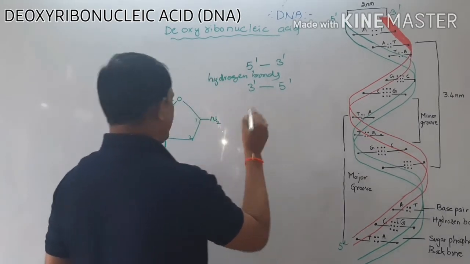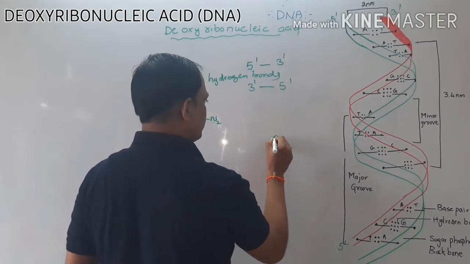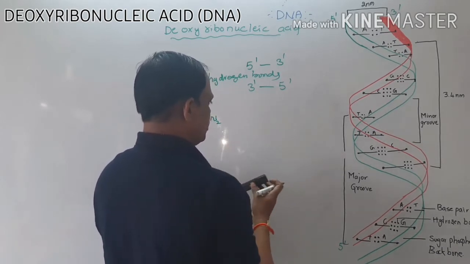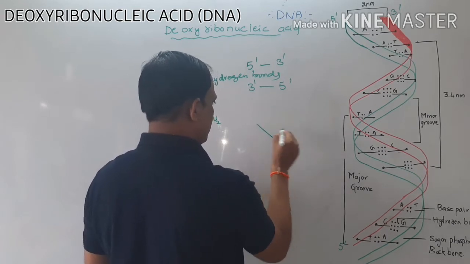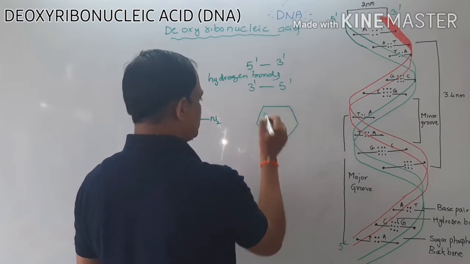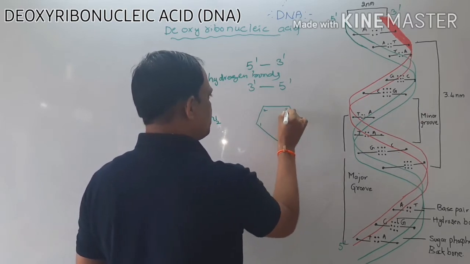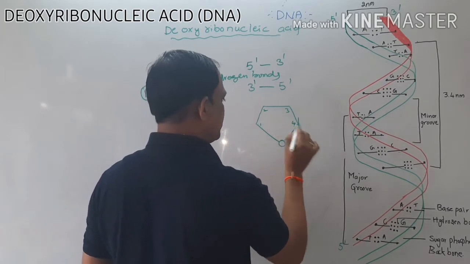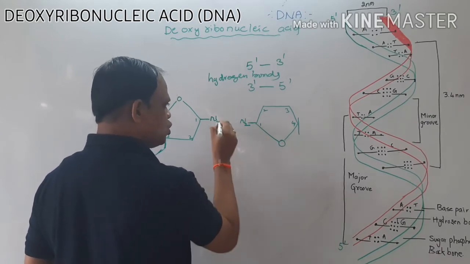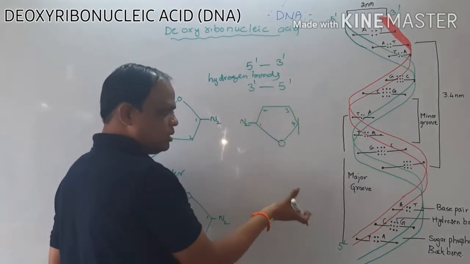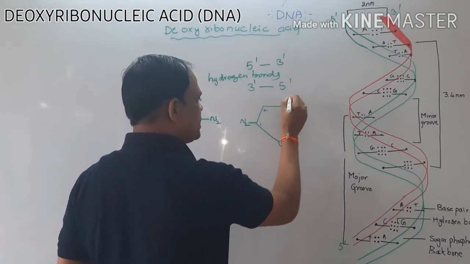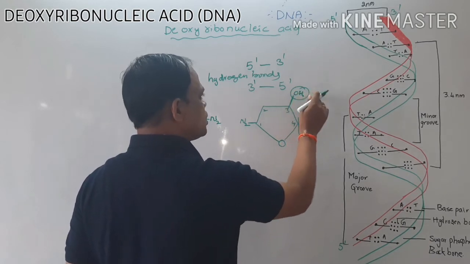For example, this is one pentose sugar: first carbon, second carbon, third carbon, fourth carbon, and fifth carbon, and at this place the nitrogen base. Between these two nitrogen bases is the pentose sugar. And here this is the third carbon, whose hydroxyl group is free.